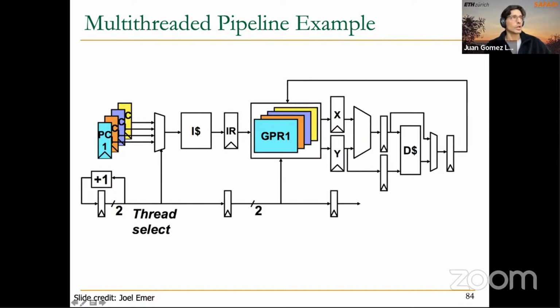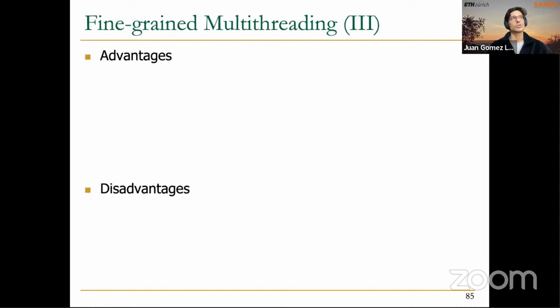Whenever, let's say, the yellow thread gets stalled because of a long latency operation, like an access to the main memory, the fetch unit or thread select unit can start fetching instructions from different threads, and this way hide the long latency access to the main memory.